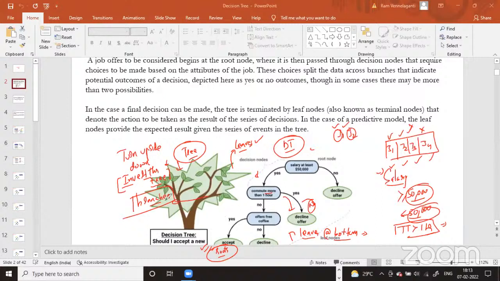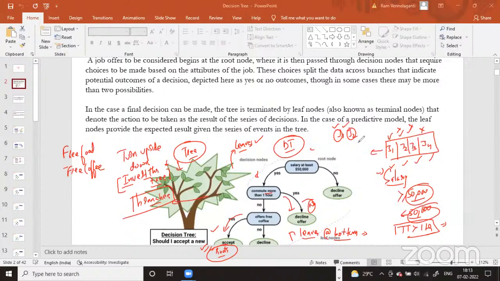What is your next condition? If that company is offering you free coffee or free food, then you are going to accept the job offer. One company is not offering free food or free coffee.